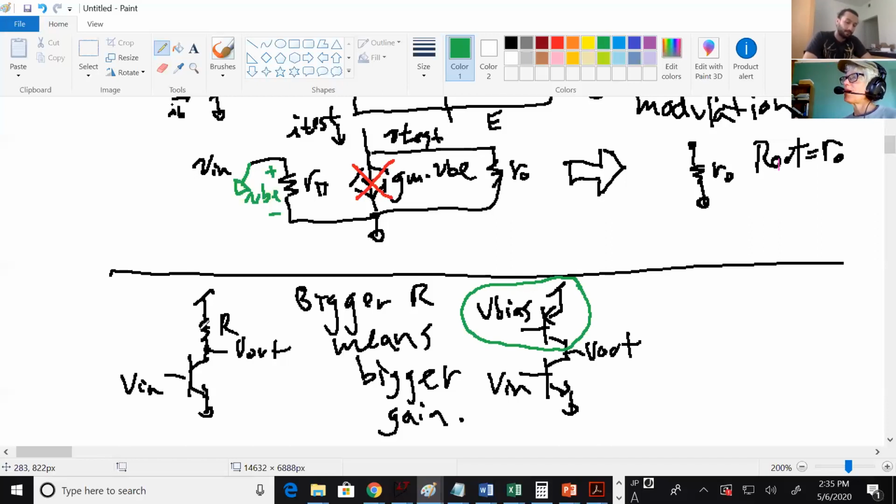So I want to know how big a resistor that looks like. Instead of talking about the R out of a circuit or R out of an amplifier, I'm using this in place of a resistor. This is V bias. I want to know how big a resistor it looks like when I connect it to this node. This looks like a resistance. How big does that resistance look?